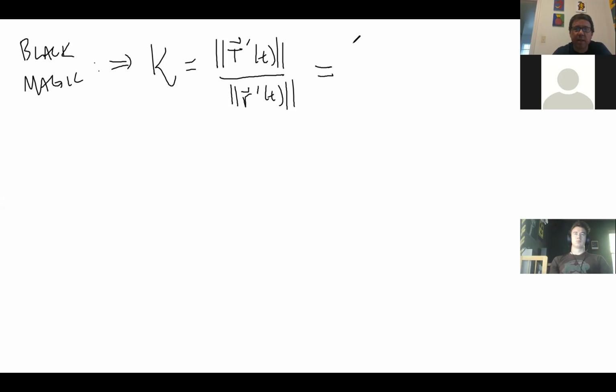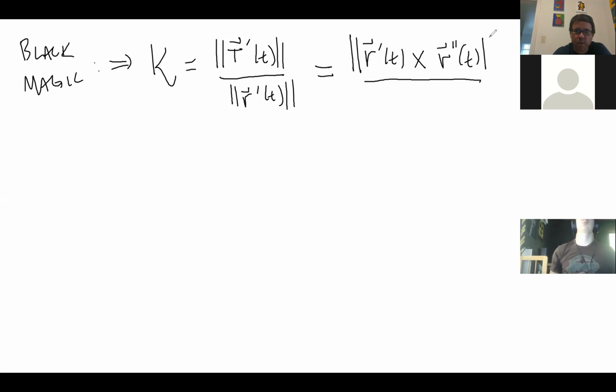Even nicer than that is, and I'm not going to prove any of this stuff, it all comes out of algebra and a lot of paper and writing this stuff out. It turns out that instead, I don't know if this looks any nicer, but it is, you can take the derivative of R, the derivative of R prime, and cross them together, and then take the length of that cross product, and then divide that by the length of the derivative cubed.